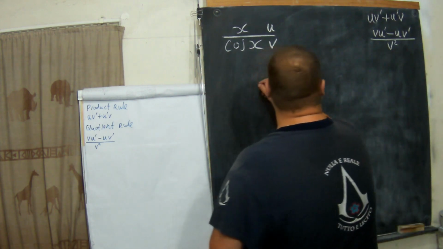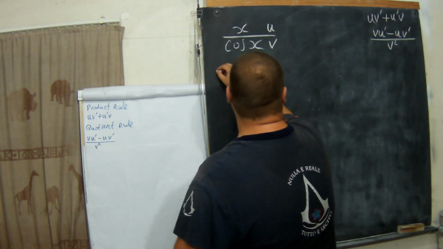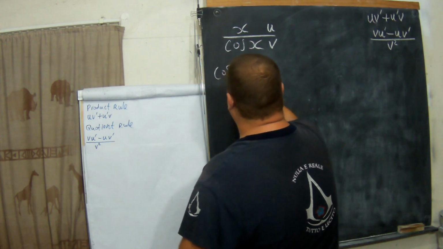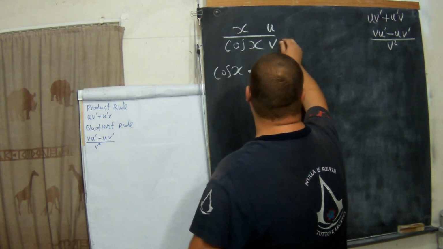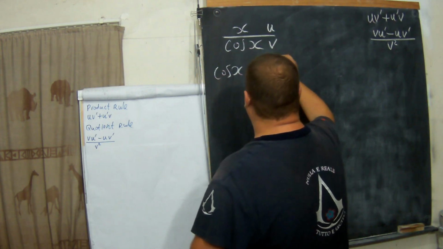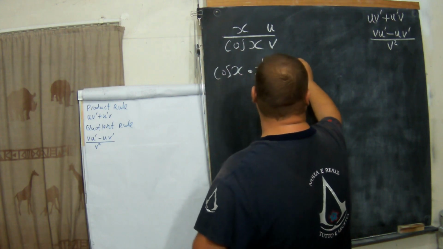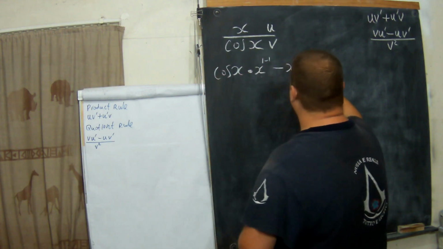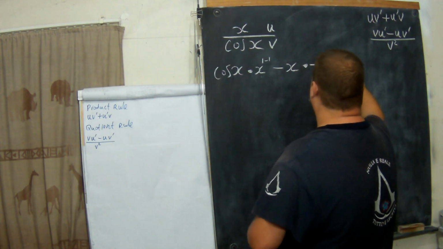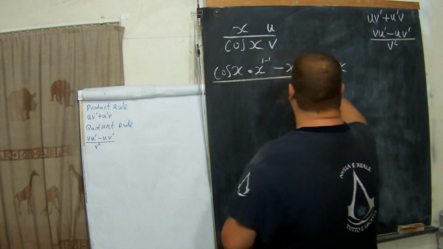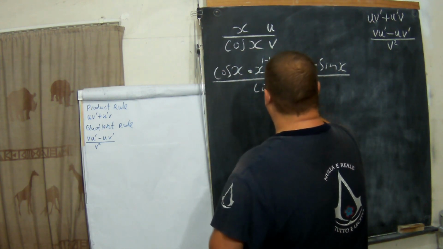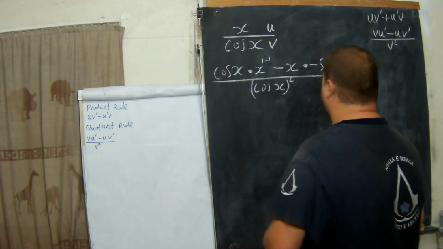Okay, so we have V U prime, which is cos x multiplied by x to the 1 minus 1, minus U, which is x, multiplied by minus sine x, all over cos x squared.